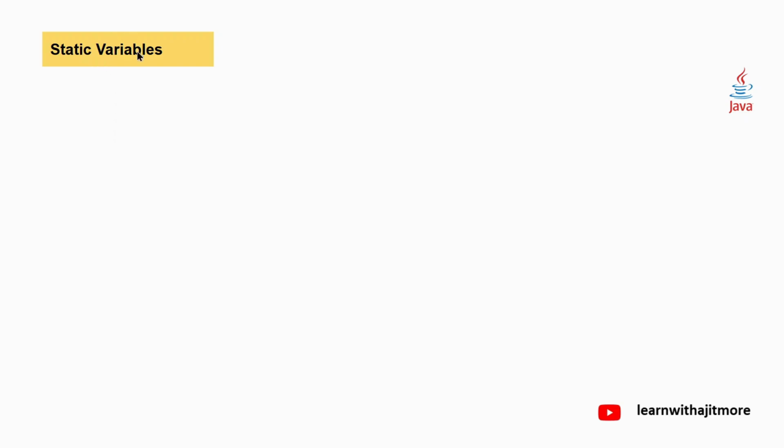They do not belong to the individual object. Understanding? Like instance variables, they belong to an individual object, so it is in separate object space. Every object will have a separate space, so instance variables will be separate for each object. Static is not like that.